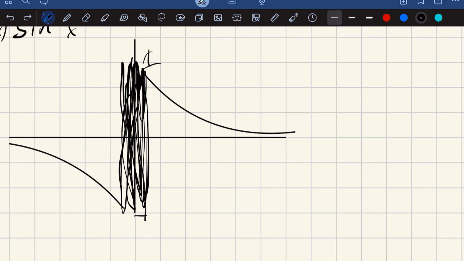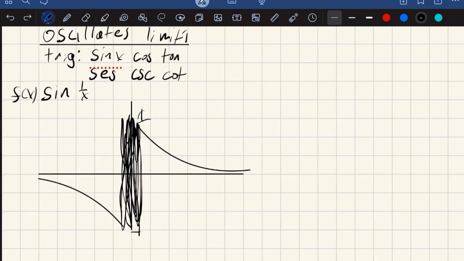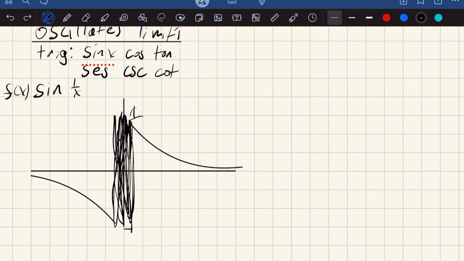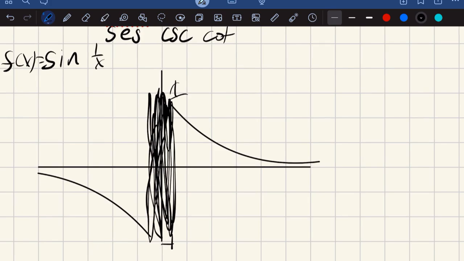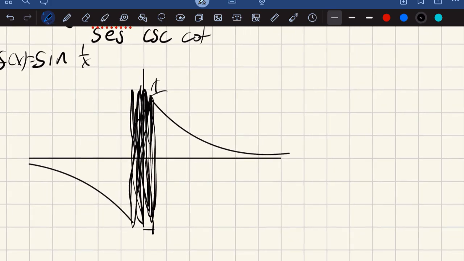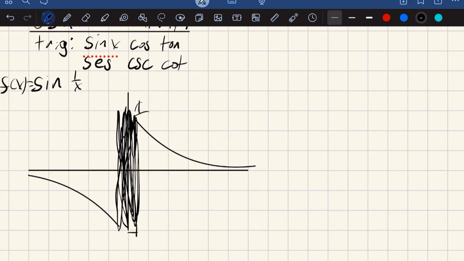It literally looks like that. So in that case, where it oscillates like that, there's no value for it, because as you get closer and closer to 0, it oscillates faster and faster. So it'll always be between -1 and 1, because that's the range of sine of x.